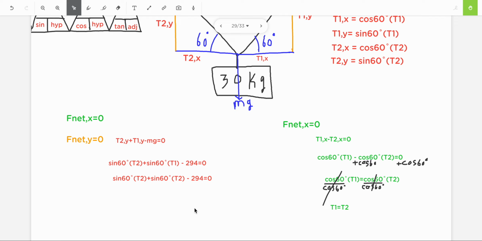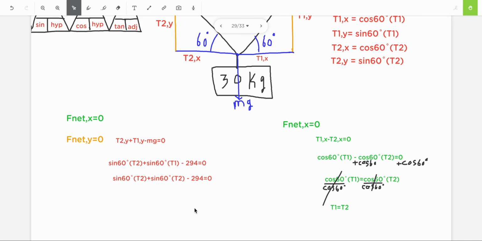Just a second. And you should put your calculator on degree, not on radian.